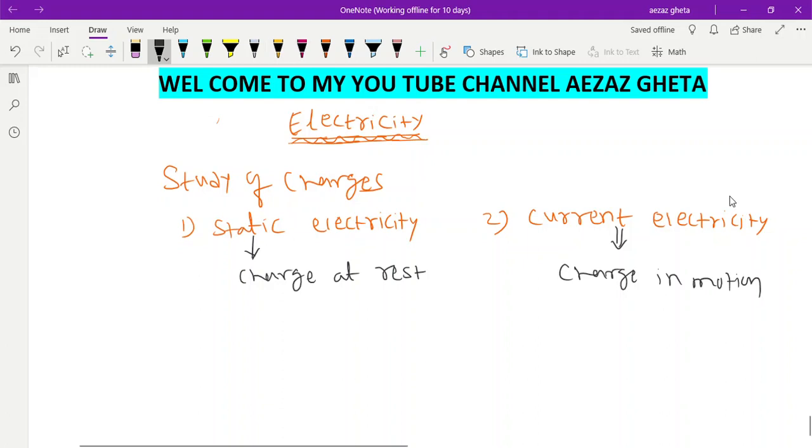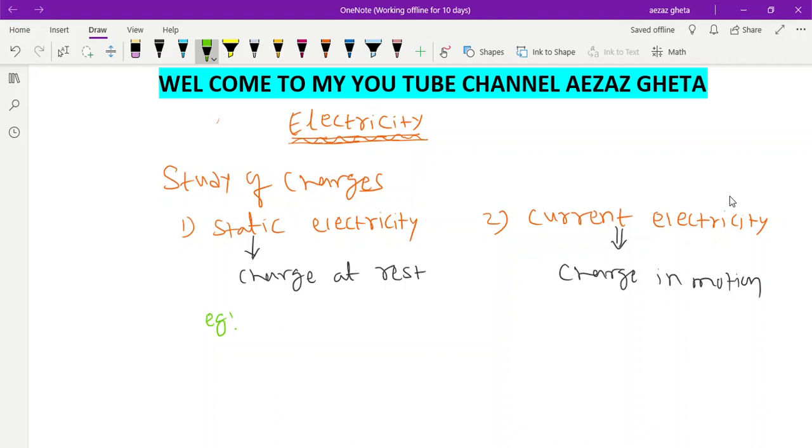Charges at rest, what exactly does it mean? Normally when we were children, during classes we used to play with our friends. We used to rub the scale on our head, on dry hair, and then take that scale near pieces of paper, and the pieces of paper were getting attracted.